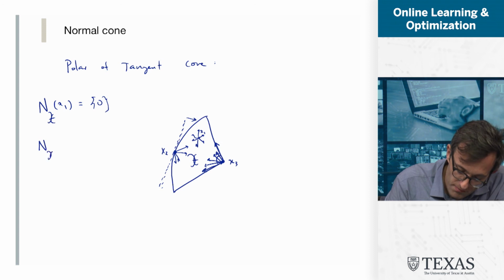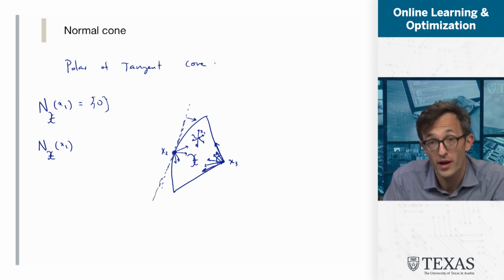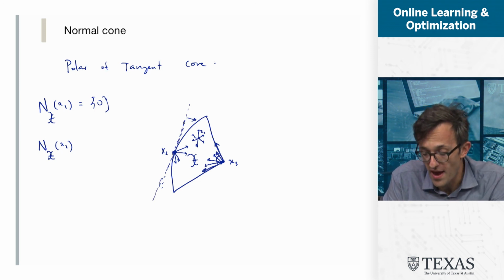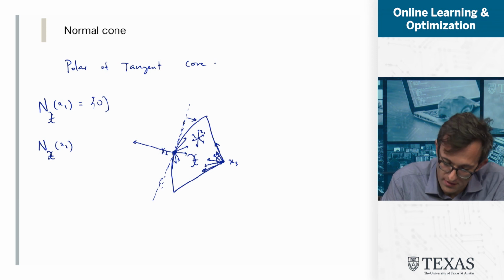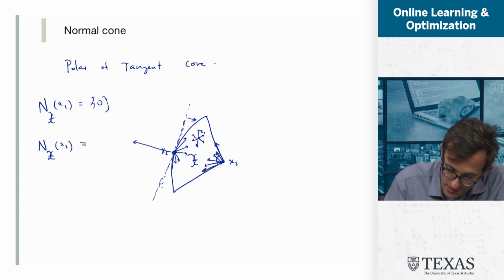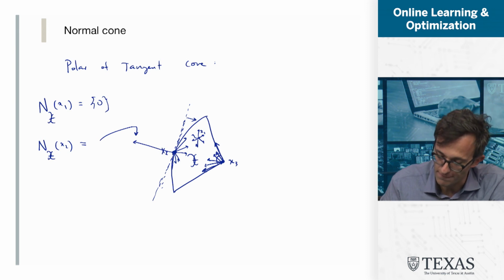The normal cone at x2: what set of vectors starting from x2 makes a greater than or equal to 90-degree angle with everything in the half space, with all of these potential vectors? There's only one, the perpendicular vector. So it just equals this vector. Lots of arrows. Hopefully you can see what's going on.